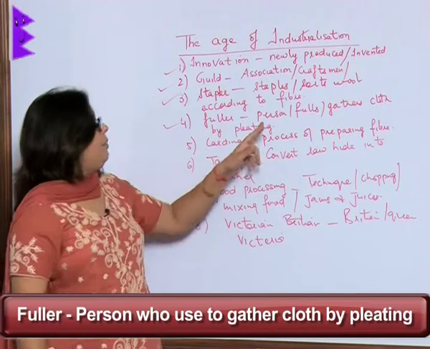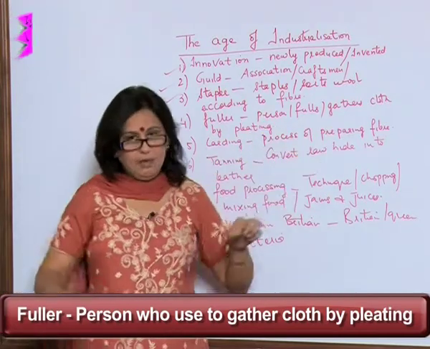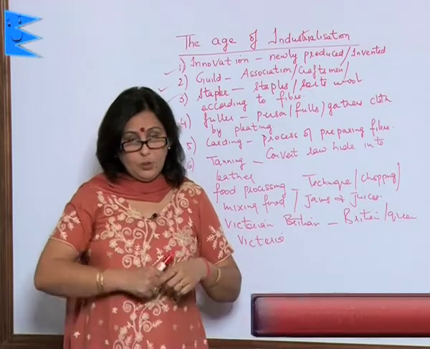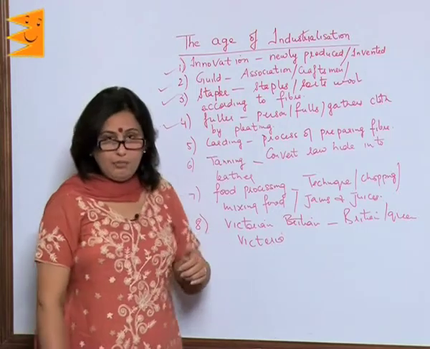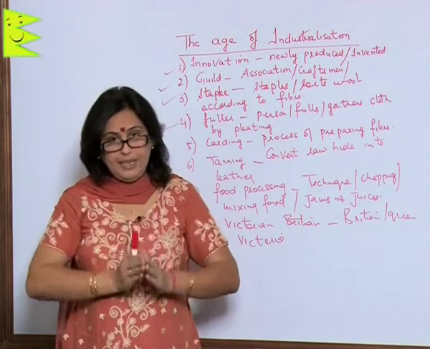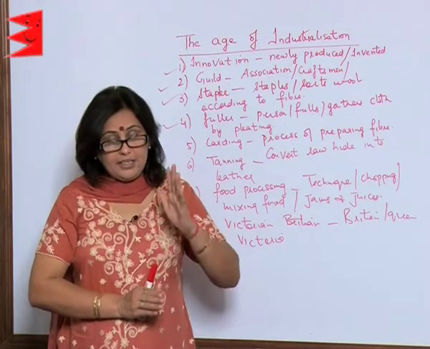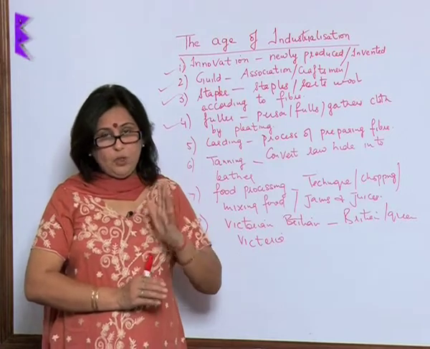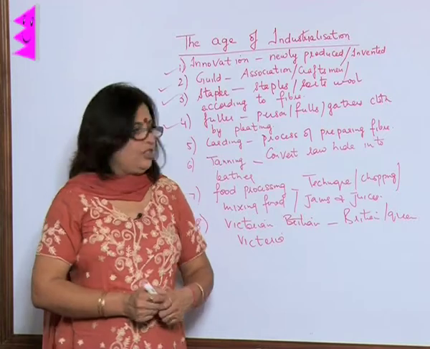Fuller was again a person who used to gather the cloth by pleating it. So, this means whether it is the stapler or the fuller, they were all involved in the textile industry. Therefore, the textile industry seemed to have reached a boom in the age of industrialization.